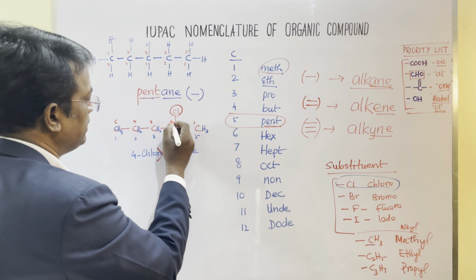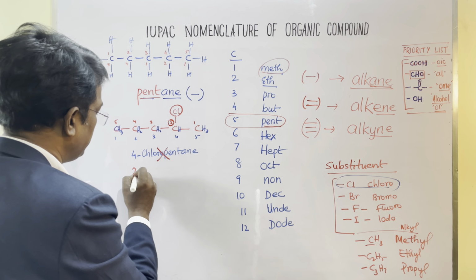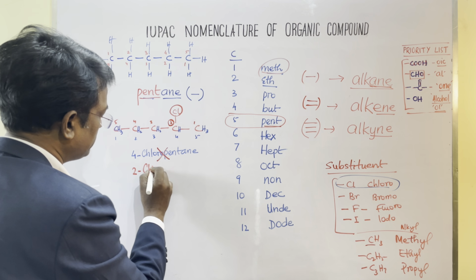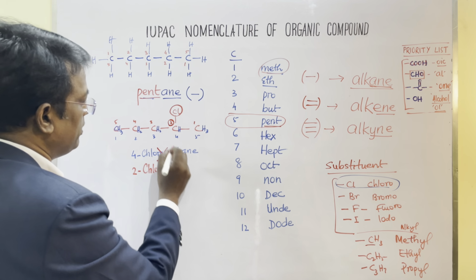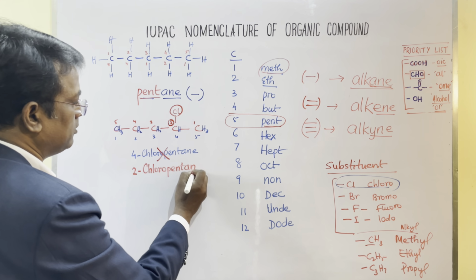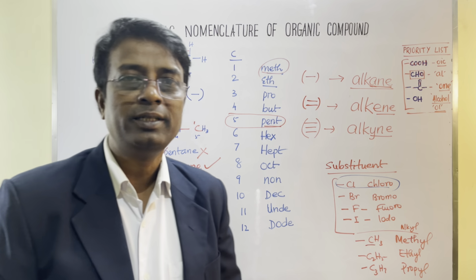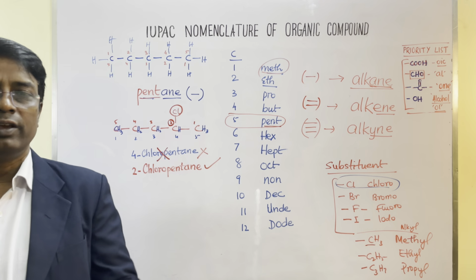So chlorine is attached to the second carbon. So if I write 2-chloro, then 5, obviously pentane. This is the correct one. This is wrong. That means we have followed two rules so far.